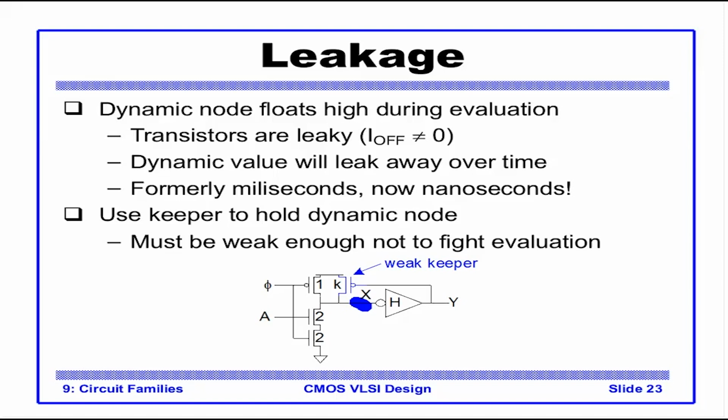So whenever X is 1, what does it mean? It's an evaluate phase, so this is off. This part is off. The value on X being 1 tells us that it was pre-charged, and now this part is also off.